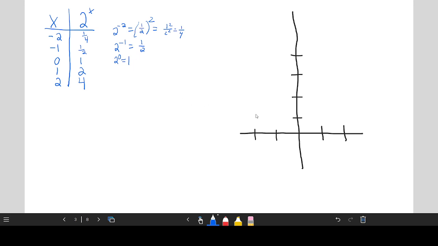So if we plot those points on our graph, we can start to see what this graph is going to look like.